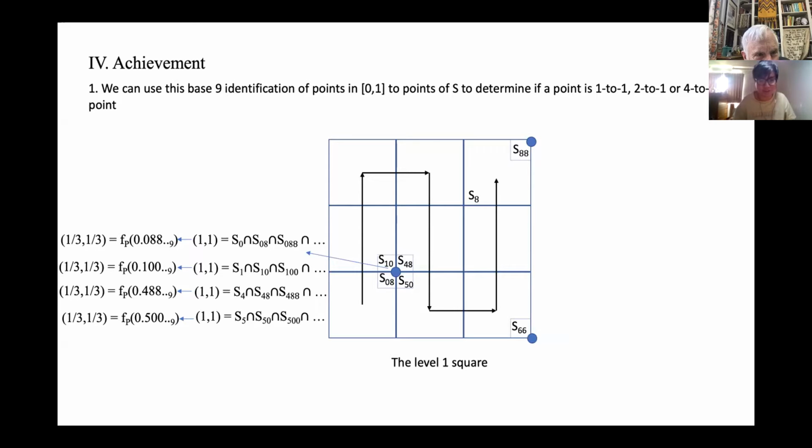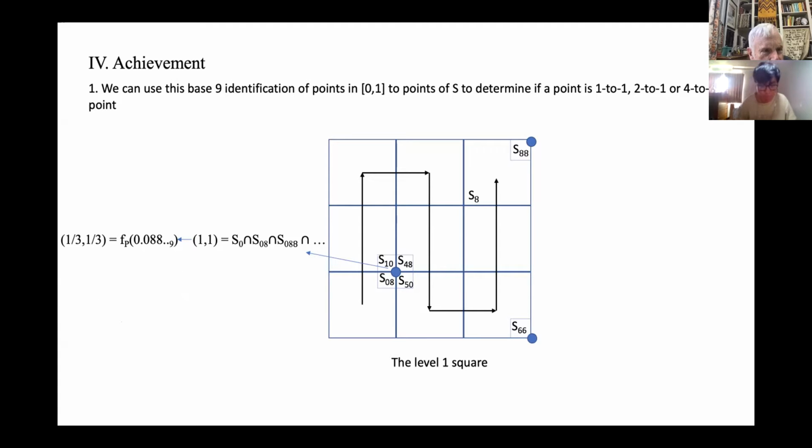So as far as I see, that arrow and the 1, 1 should just be removed.